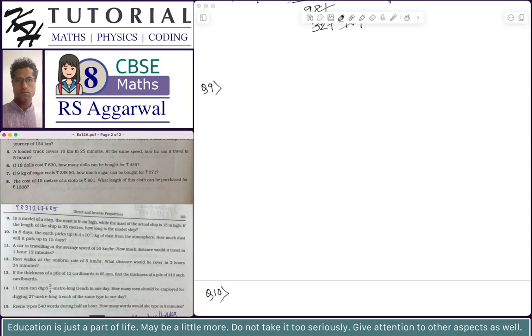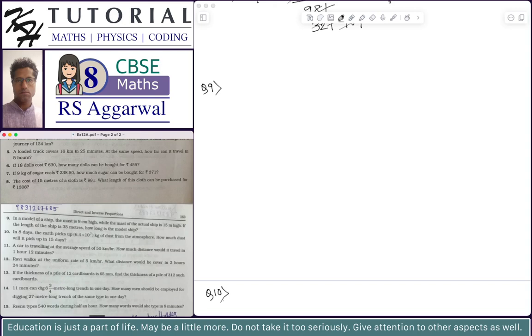So you can say that 9 centimeter in the model is equivalent to 15 meter in the actual ship.